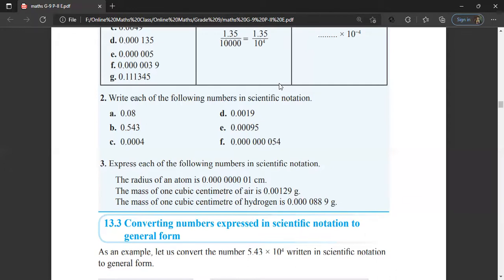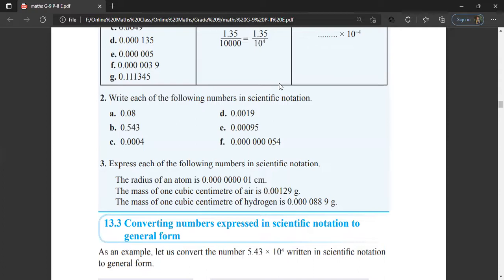Good. Express each of the following numbers in scientific notation. Can you see the decimal place? Carefully do it. A lot of numbers will confuse you. Yes, tell me.